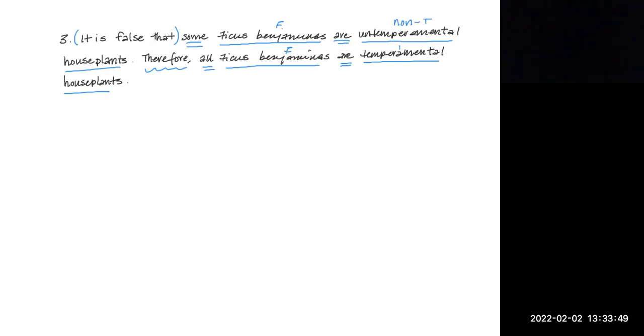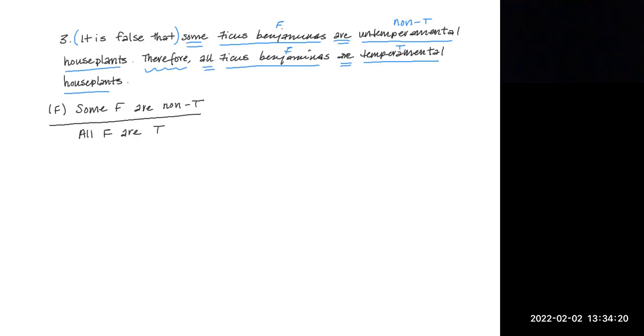So the standard form argument that you would begin with is, it is false that some F are non-T. You could use other letters if you wanted to. Therefore, and don't forget this line, it's very important. It means therefore. If you leave it out, there will be points taken off. Therefore, all Ficus benjaminus are temperamental houseplants.